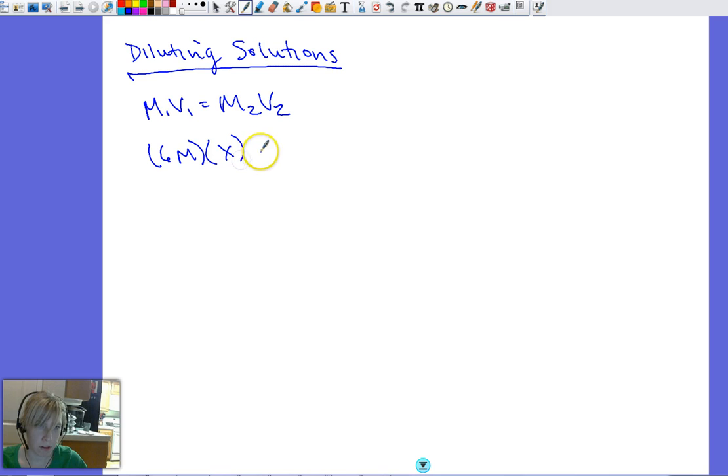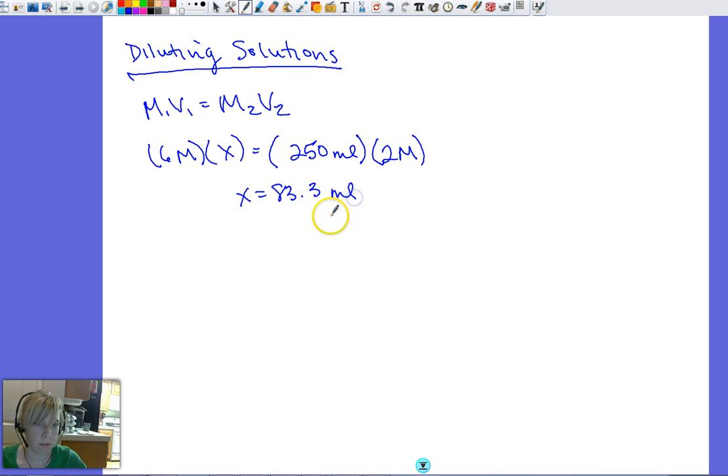We want to know how much of that we need to make 250 milliliters of a 2 molar solution. So we have 250 times 2 divided by our 6, and that gives us X equals 83.3 milliliters. So this is what we would need to use of the stock solution.